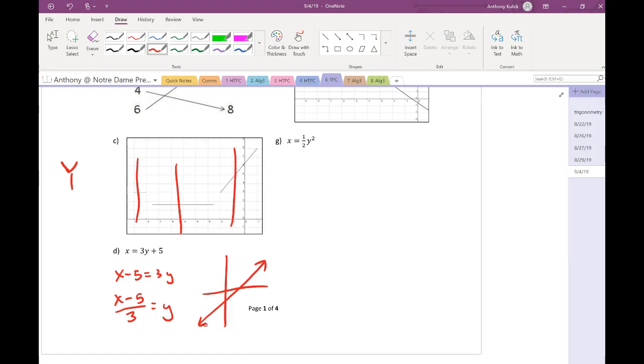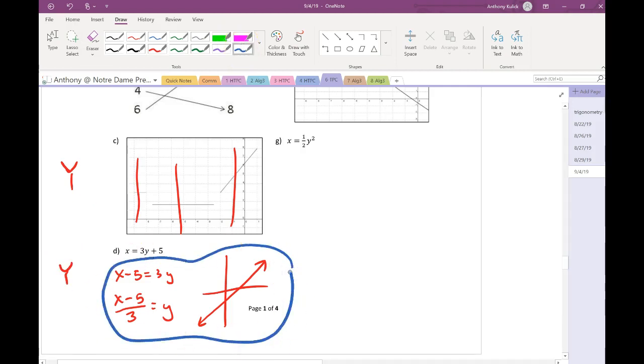I'm going to skip typing it into my calculator. But the point of the matter is, if you look at this graph, you would say this is a function because it passes a vertical line test. Now, as far as showing your work, I would need to see all of that on the test. So for tomorrow, work on this review. We'll take some questions from that and then probably start the next materials.